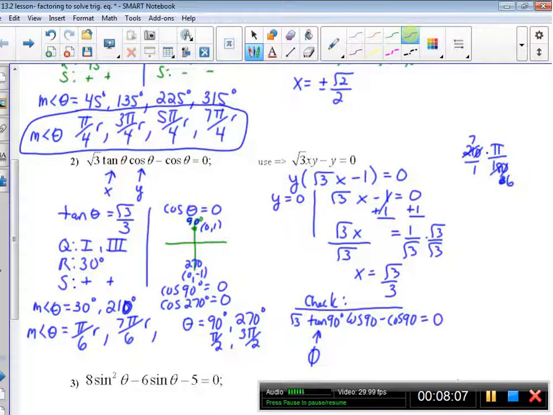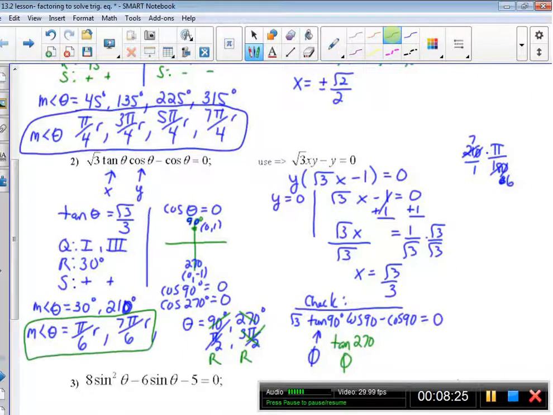So we need to reject that. That's rejected, and the tan of 270 is also undefined. So that one needs to get rejected. So we only have 2 answers that work.